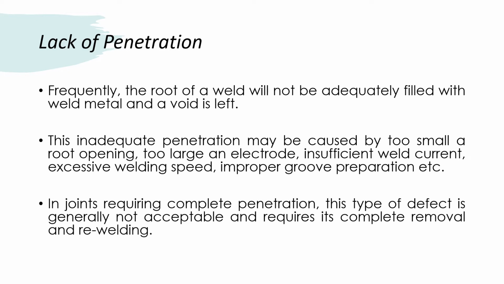This inadequate penetration may be caused by too small a root opening, too large an electrode, insufficient weld current, excessive welding speed, improper groove preparation, etc. In joints requiring complete penetration, this type of defect is generally not acceptable and requires its complete removal and re-welding.